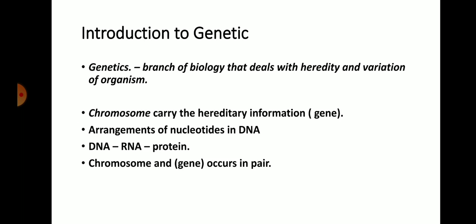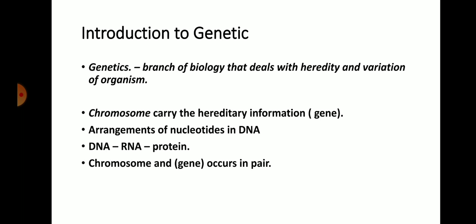So these chromosomes and genes occur in pairs, and these pairs are separated during gametogenesis, and then transmitted from one parent to offspring, which is called heredity. These chromosomes contain the information regarding the characters of the organism.